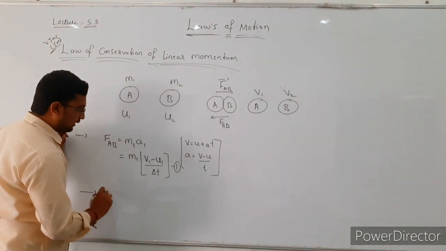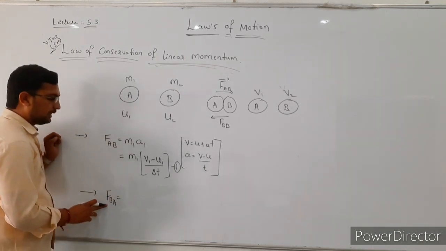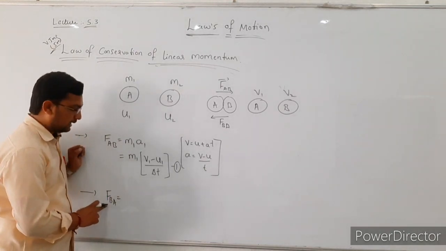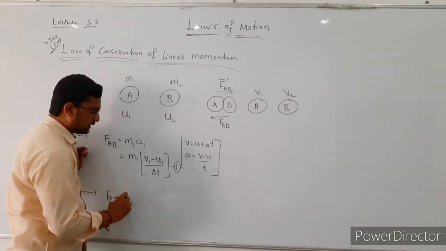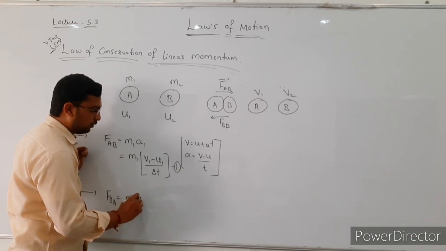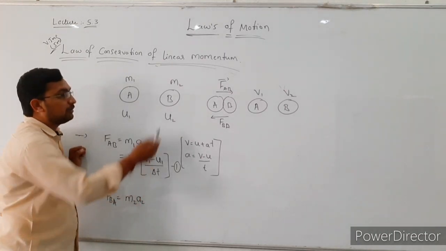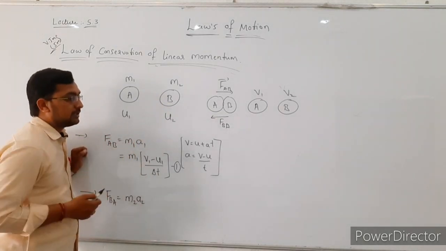Similarly, F of BA indicates the force exerted by the second body on the first body. According to Newton's second law, that is m2 into a2, where m2 is the mass of the second body and a2 is the acceleration of the second body.